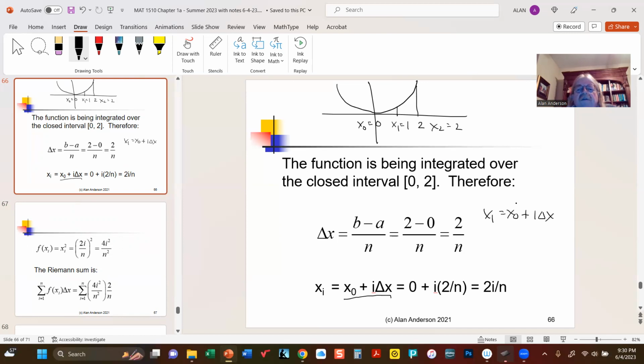Delta x would, of course, therefore be 1. So x1 would be 0 plus 1. Two times i is 1, n is 2, so you just end up with 1.